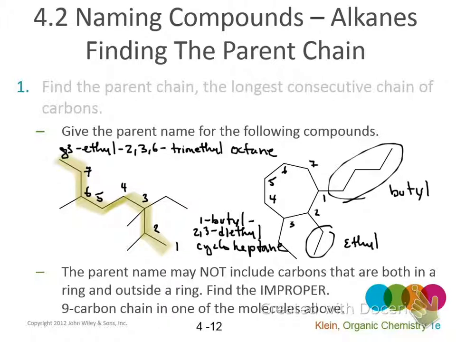I think I changed the structures and didn't change all the text in the slide. Is this 9 going this way? 1, 2, 3, 4, 5, 6, 7, 8, 9. Oh yeah, you can't do that either. That's the 9-carbon chain the slide's talking about. So that's improper, because it goes through the ring.